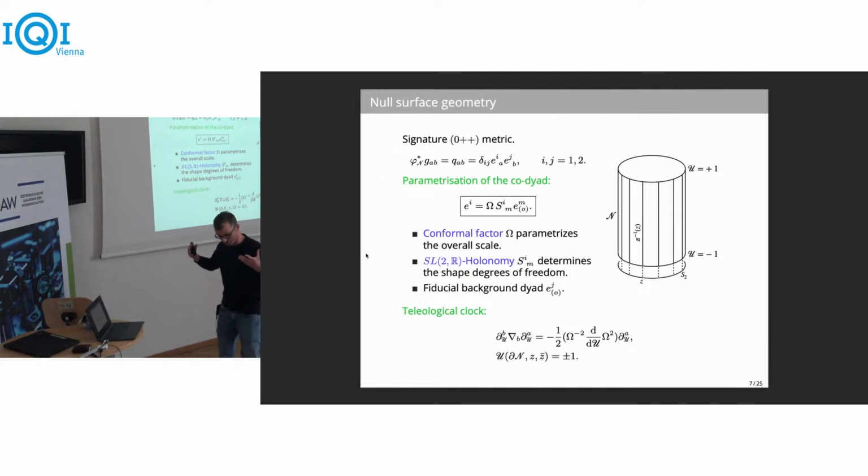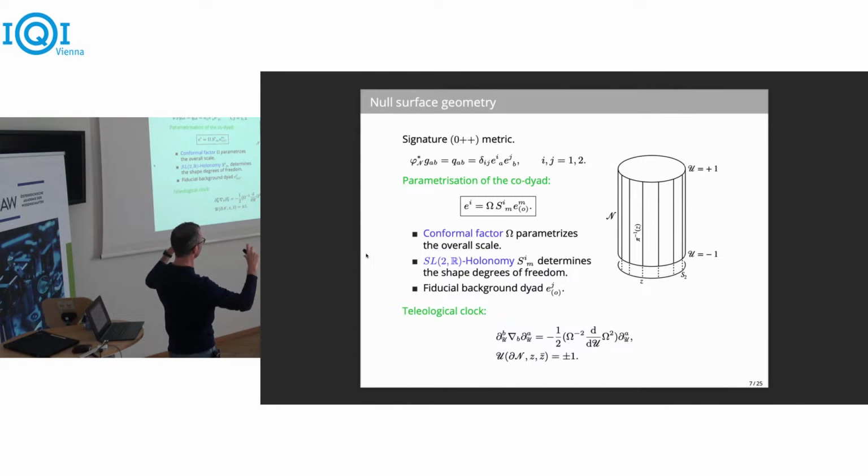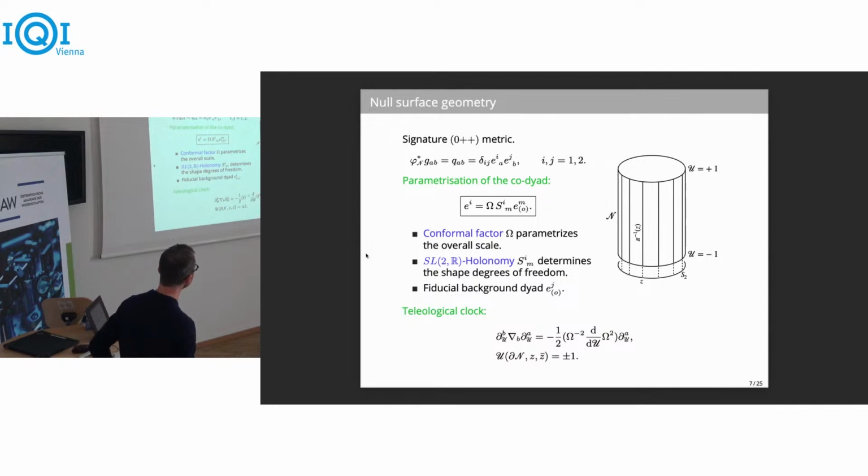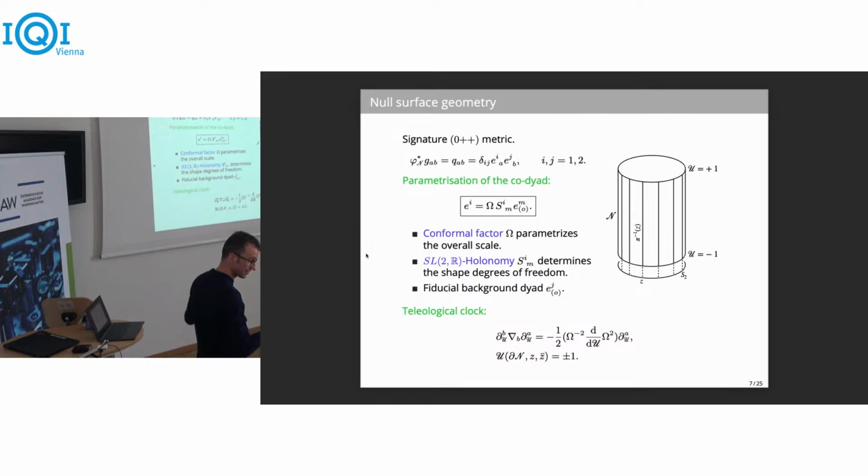So the first step is to just look at one such band of nulls, a portion of the null boundary that is itself bounded by two cuts, an initial cut and a final cut. Now this is a null surface, and we all know in relativity, this null surface boundary is generated by light rays.